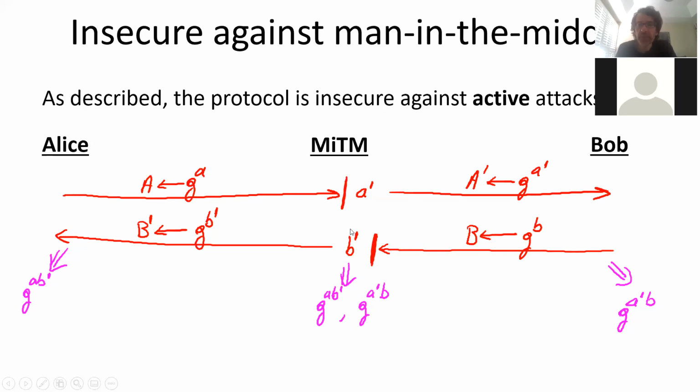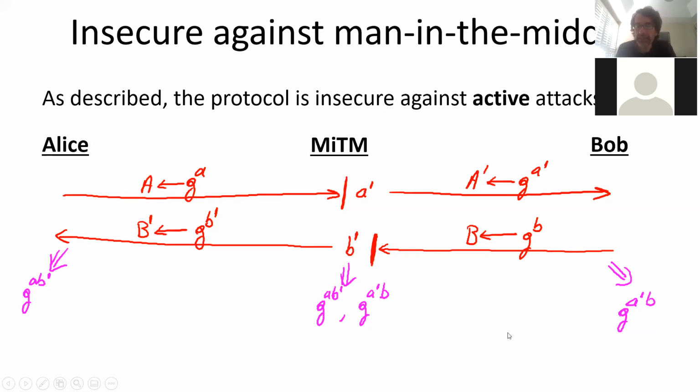And likewise, man in the middle can follow Alice's algorithm and send messages instead of her to Bob, in which case the session key established by these two parties is going to be g to the a times b prime, where this b prime is the attacker's contribution when he's pretending to be Bob in front of Alice.